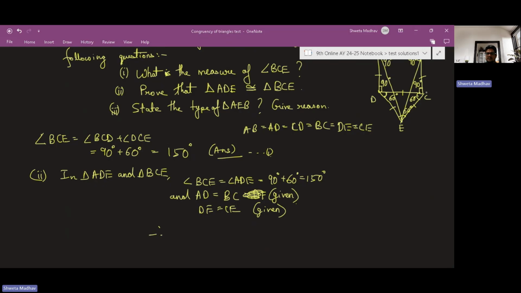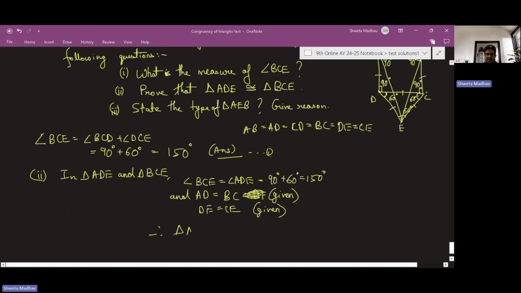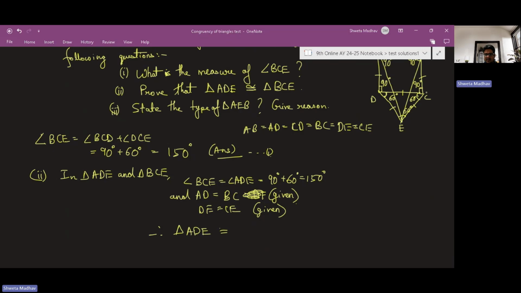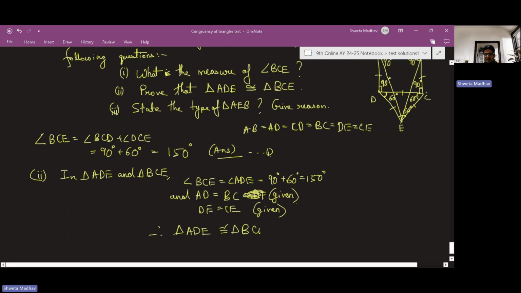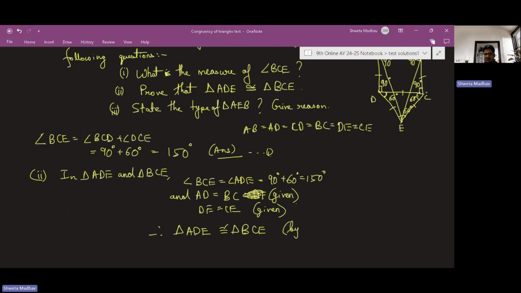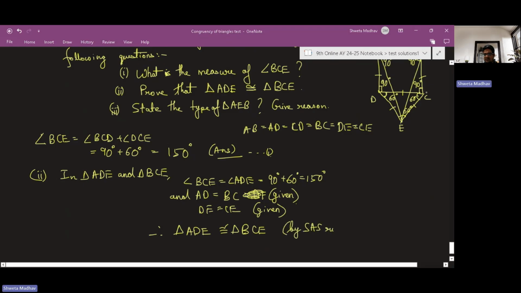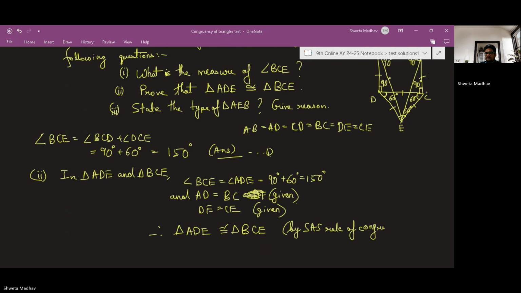So therefore, I can see that these two sides are equal and the included angle is also equal in these two triangles. So I can say triangle ADE is congruent to triangle BCE by SAS rule, side angle side, by SAS rule of congruency.